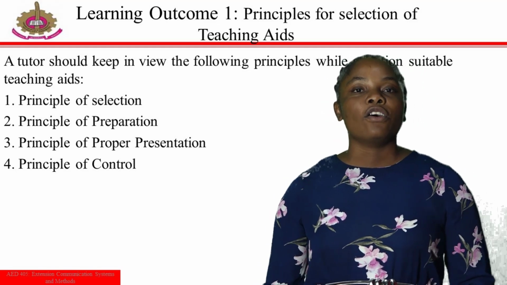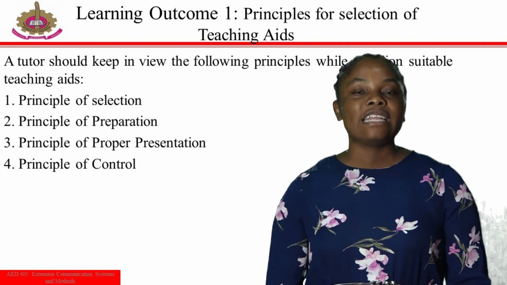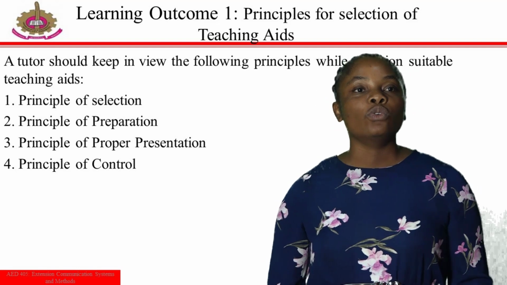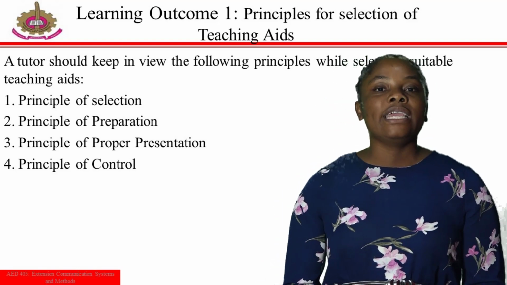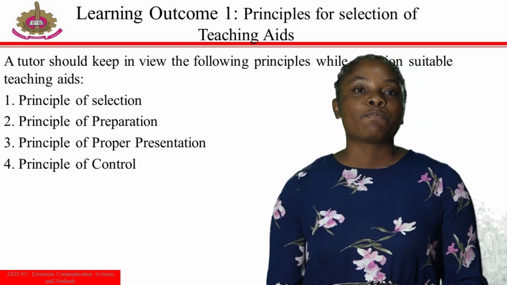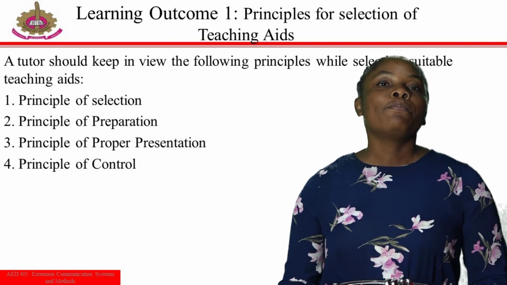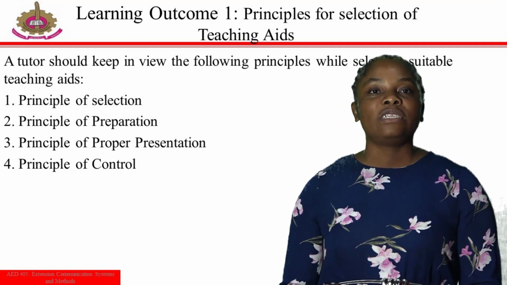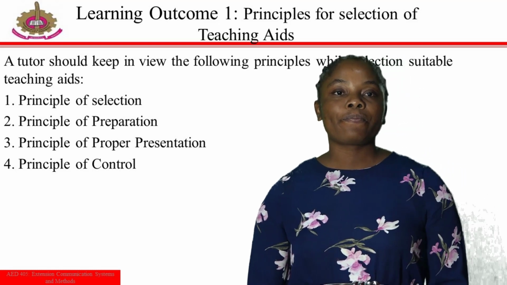It should not be that when you need to use the aids, you are then looking for someone that will assist you in ensuring proper display of such aid. So the tutor or the person in control must be able to handle them properly.